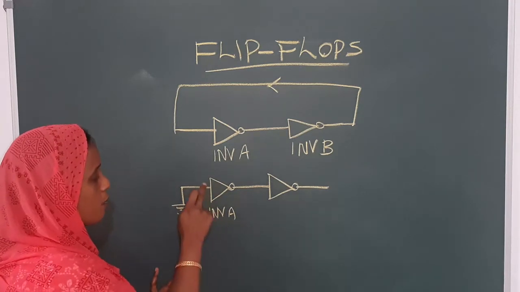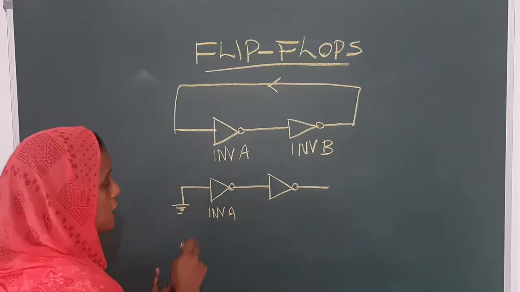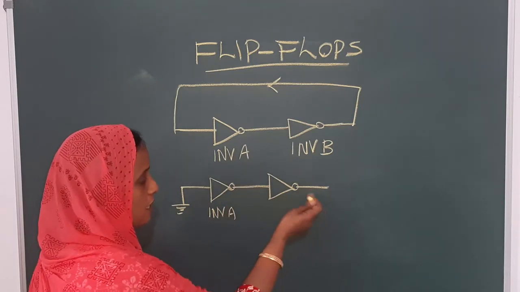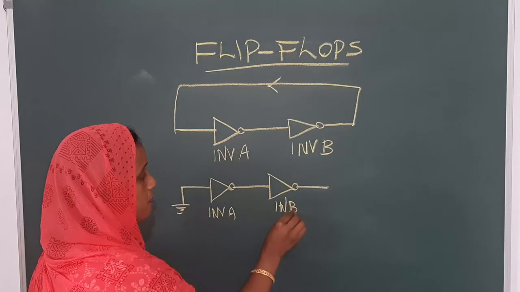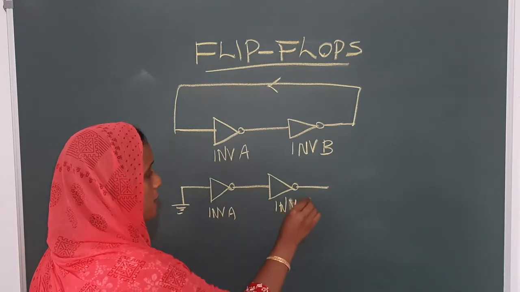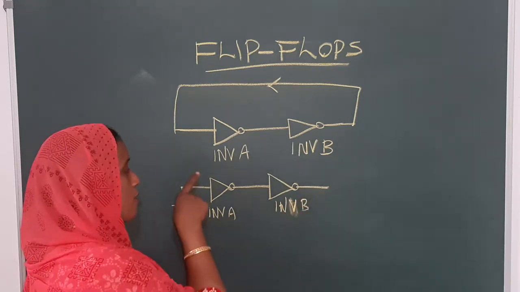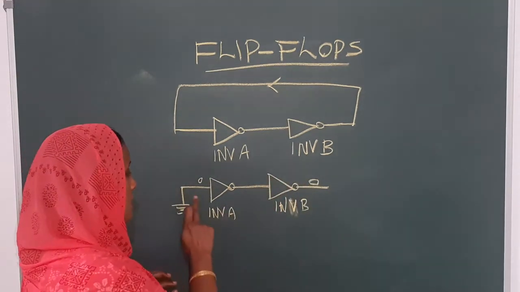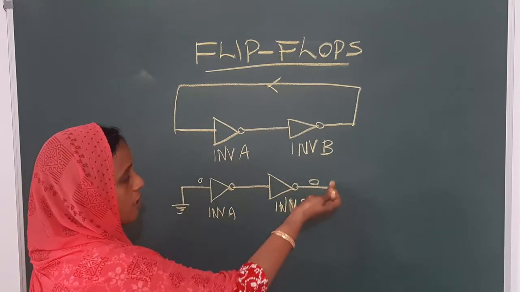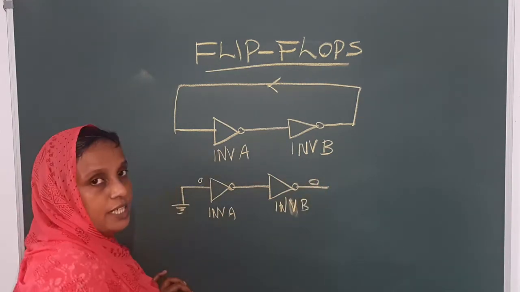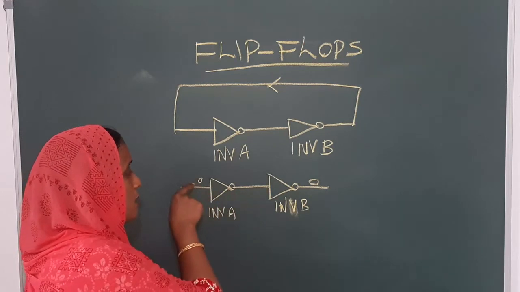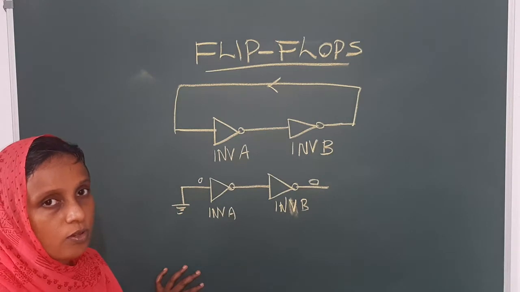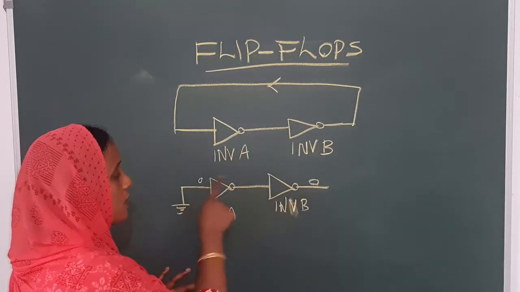Grounded means its input here is 0, so there is 1 here, and it goes to this part again as 0. So if you give 0 here, it holds 0 here. Now if you disconnect this ground and connect the output back to this, it can hold the binary bit 0 by itself. There is no change to this value.